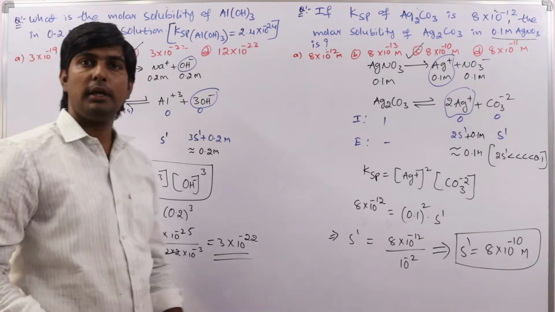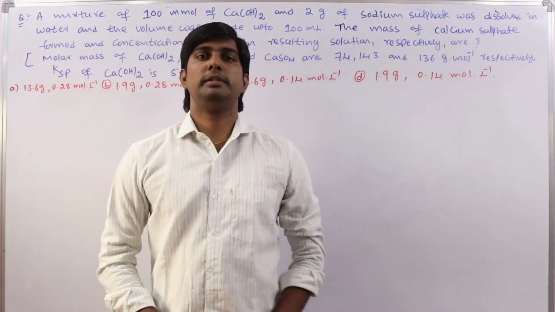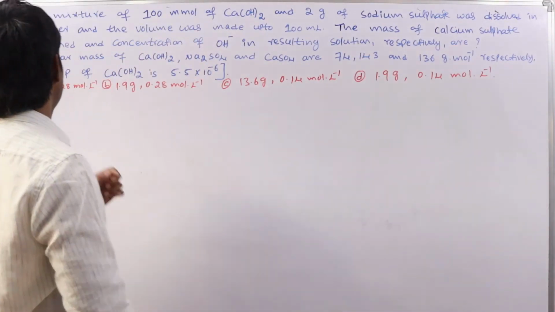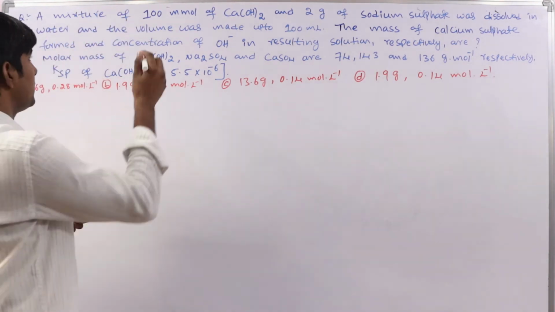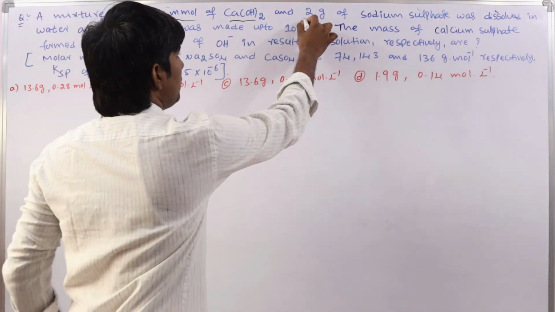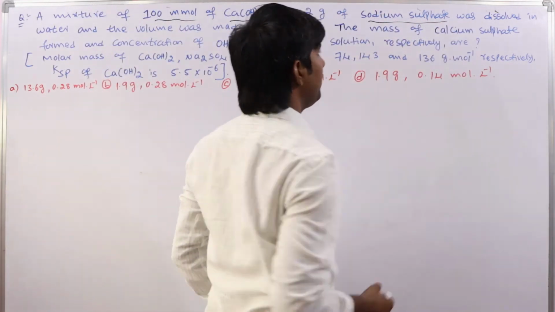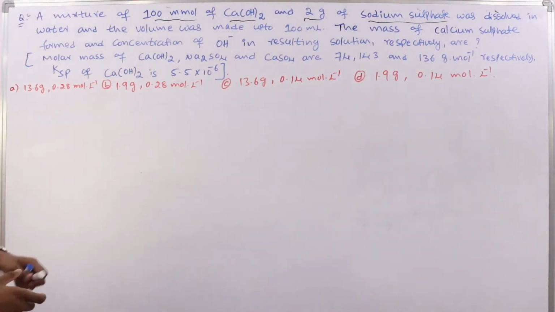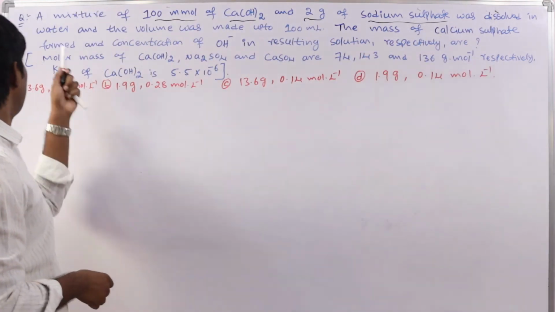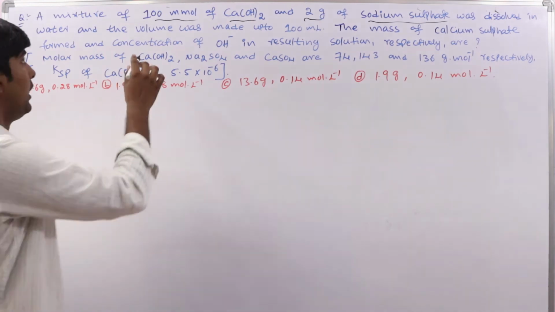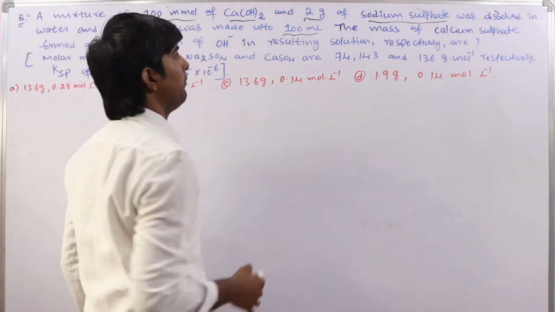Okay, now let us see another problem. A mixture of 100 millimole of calcium hydroxide and 2 gram of sodium sulfate was dissolved in water, and the volume was made up to 100 ml.